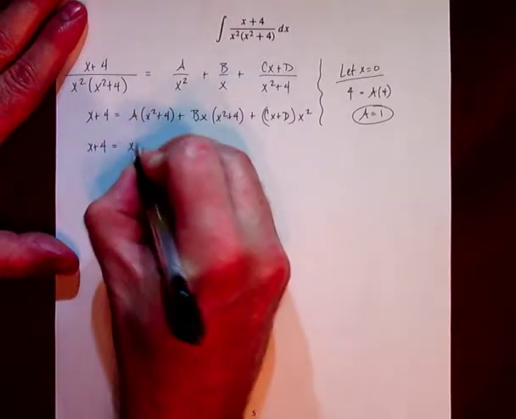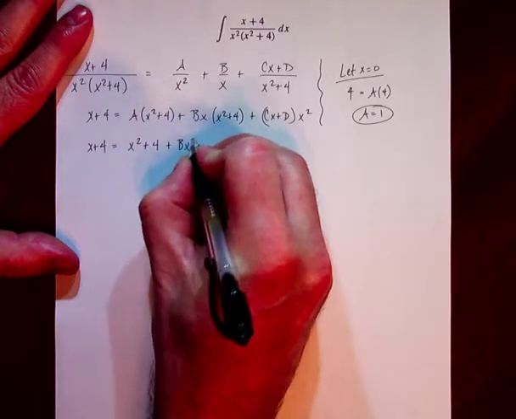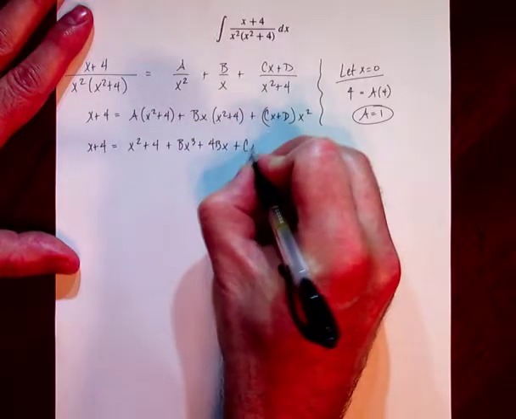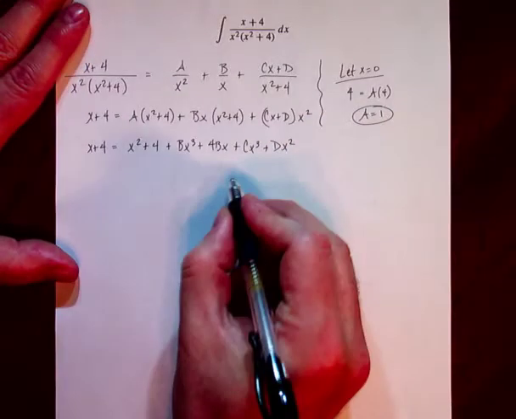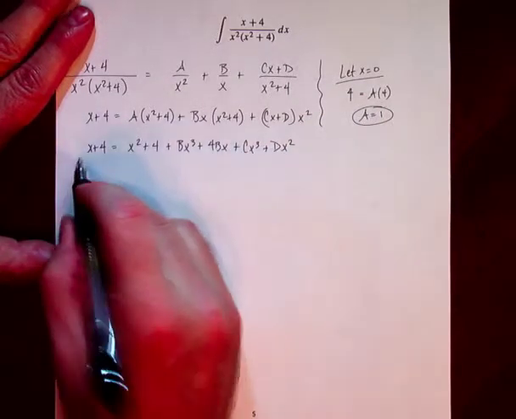This, because a is 1, becomes x squared plus 4. This becomes bx cubed plus 4bx. This becomes cx cubed plus dx squared. And you obviously have a cubic over here and only a linear over here.